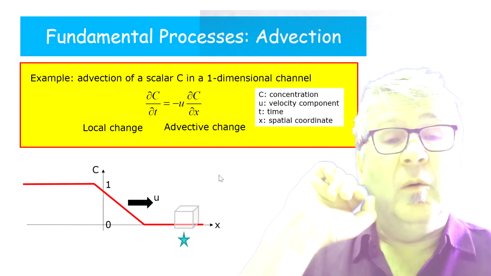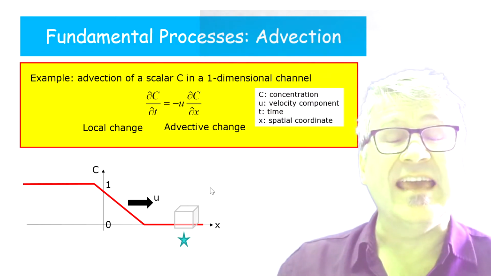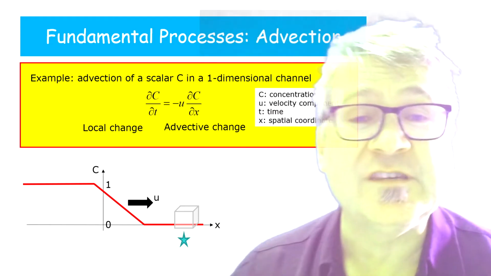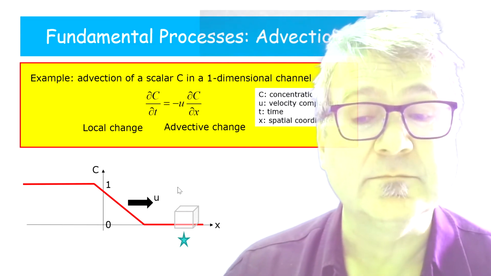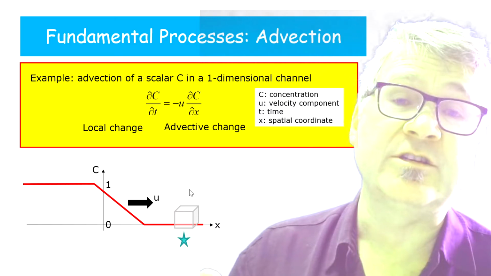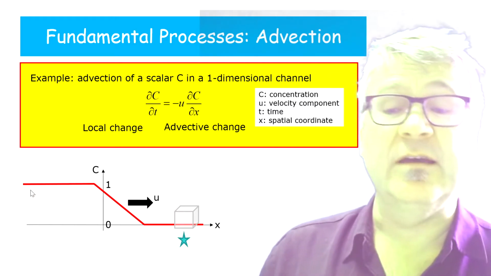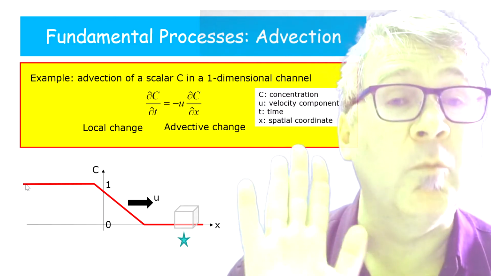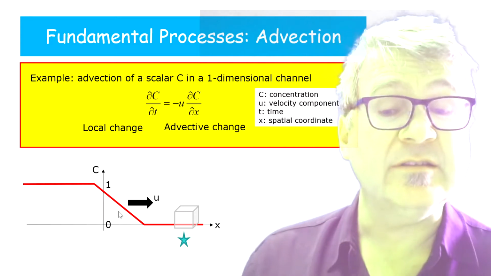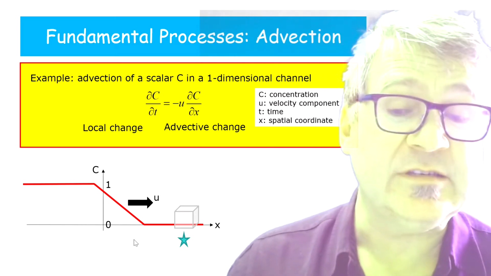What you see on this little sketch is the distribution of c, of a concentration. It's like a photo of this concentration distribution. On one side of the channel the concentration is 1, or 100% if you like, and on the other side it is 0.